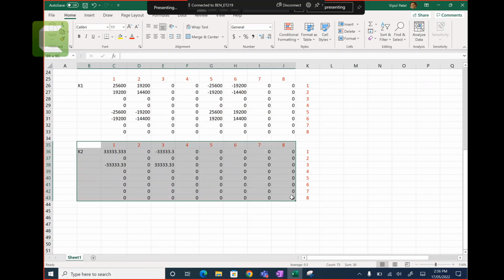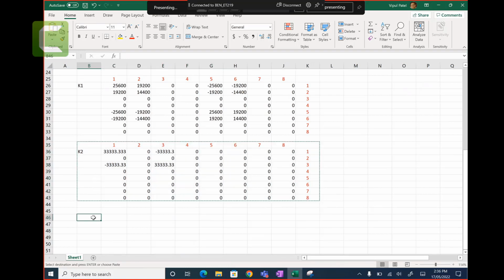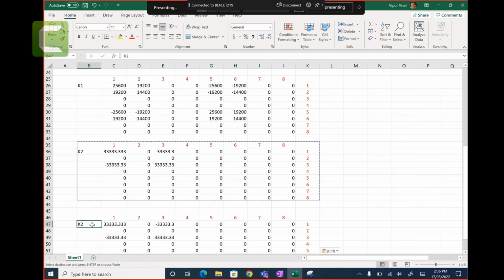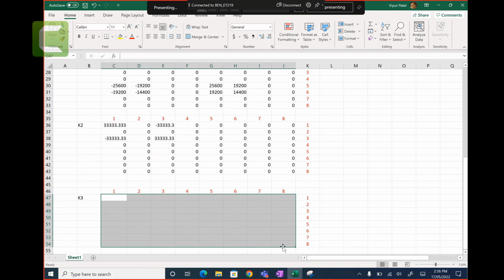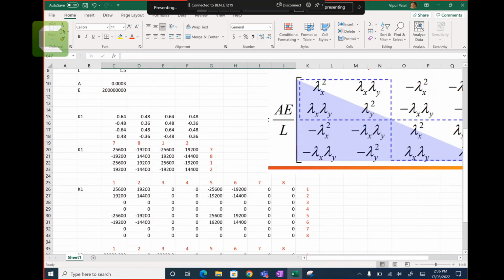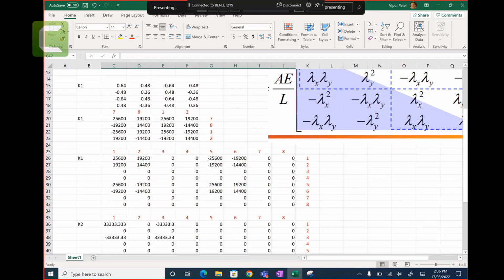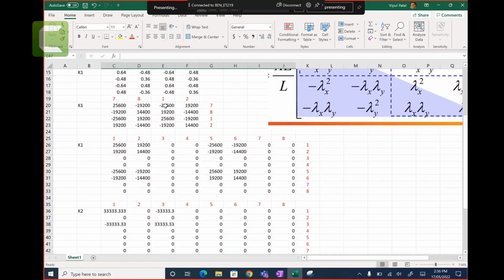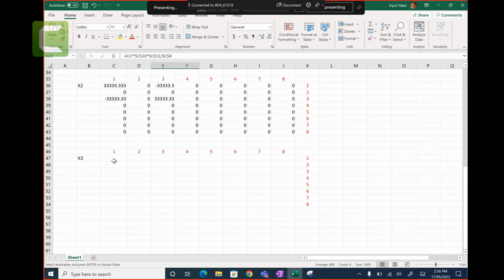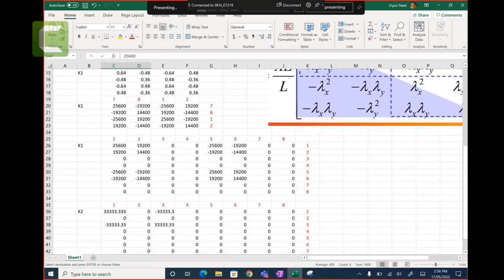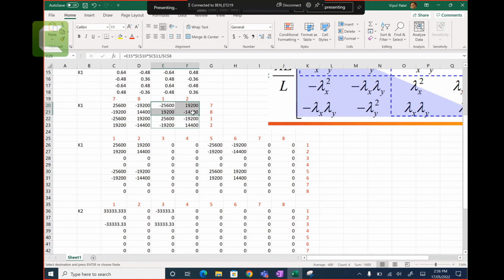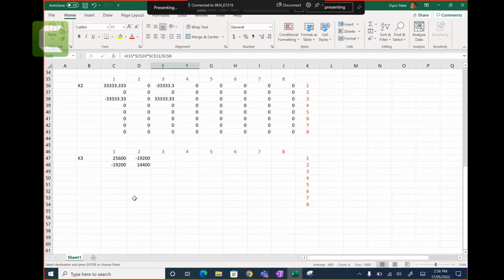Let's copy all this one, Control C, Control V, K3. Let's remove all these numbers, and here you go. 1 2 1 2 blocks. Then you got 1 2 7 8.